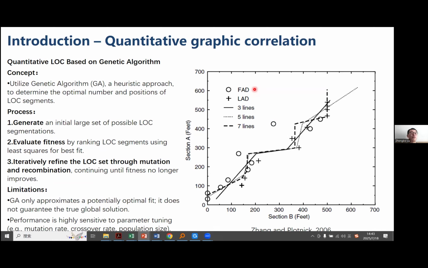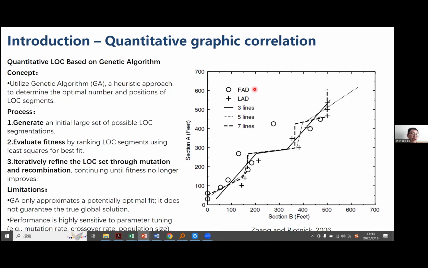And finally, this fitting would be done many times until the fitness no longer improves. Their method can, to some degree, draw the line of correlation in a more objective way. However, there are still some limitations.